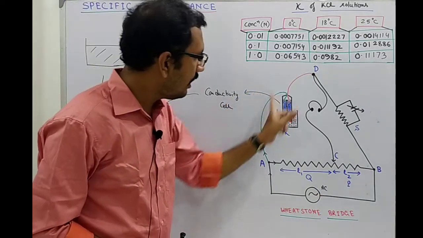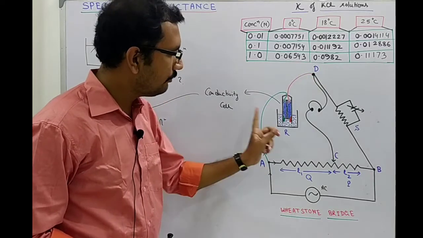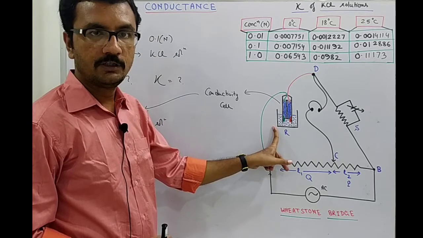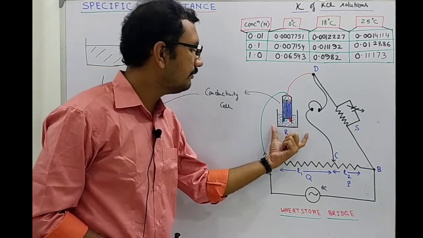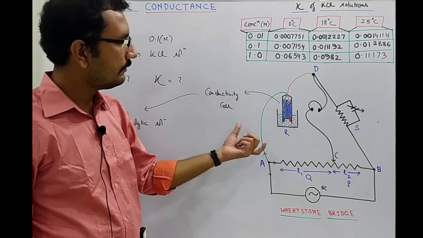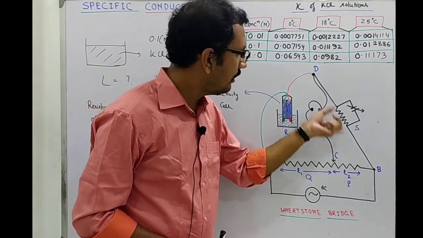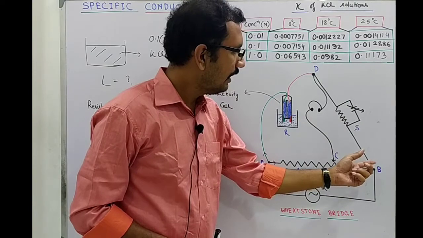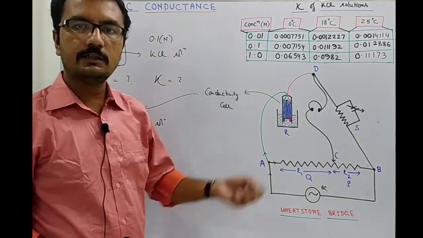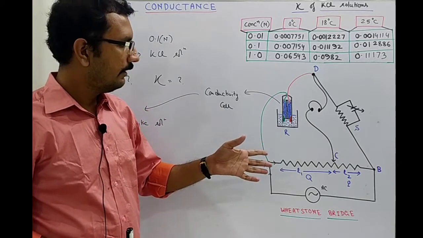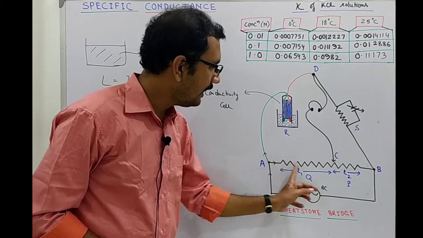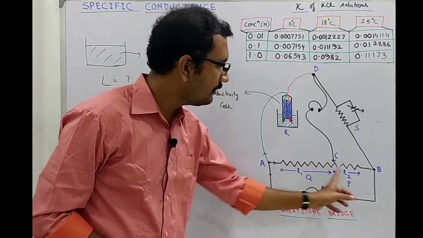So, at one arm AD of this Wheatstone bridge, you have the electrolytic solution. This electrolytic solution will act as the resistance R. In another arm DB, a known definite resistance is applied, it is S. It is a wire having uniform resistance throughout.